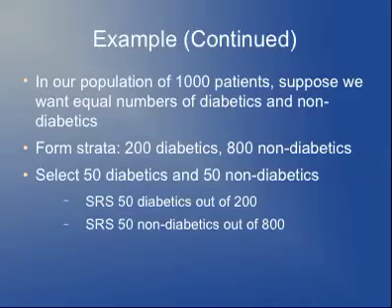So rather than just randomly selecting 100 people where everyone has an equal chance of being selected, let's do a simple random sample of 50 diabetics out of 200 and 50 non-diabetics out of 800. That ensures that there will be an equal number of diabetics and non-diabetics in the sample. If you want to compare diabetics to non-diabetics, you have enough data to do so.